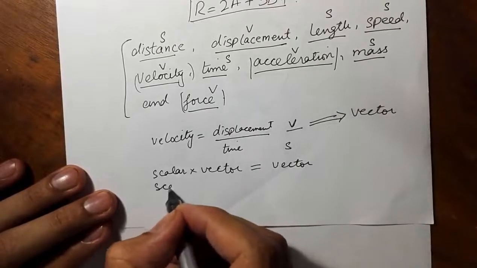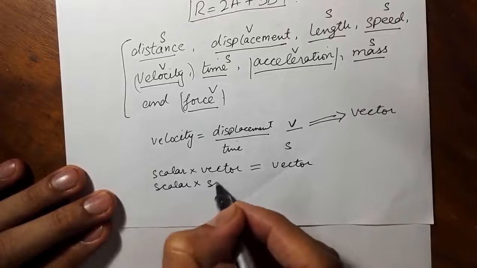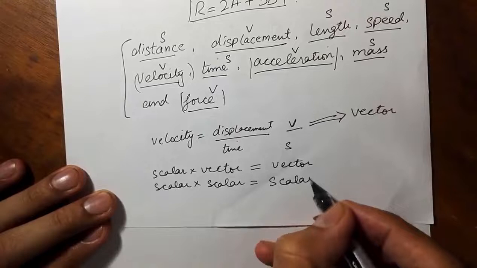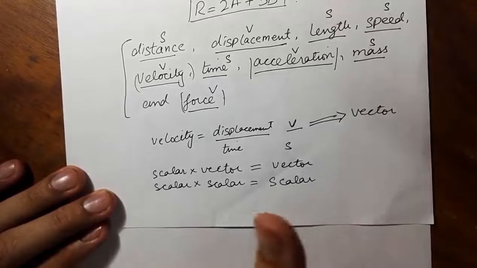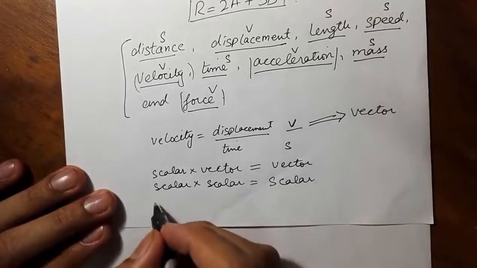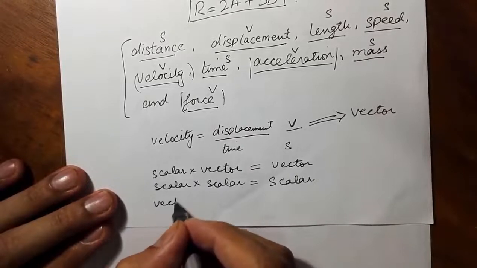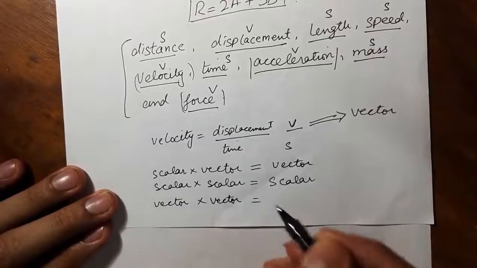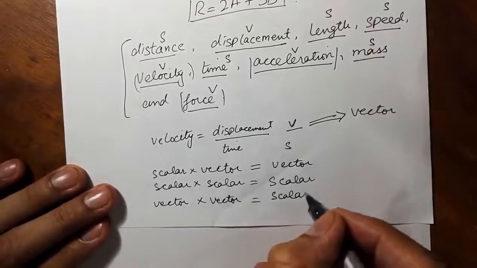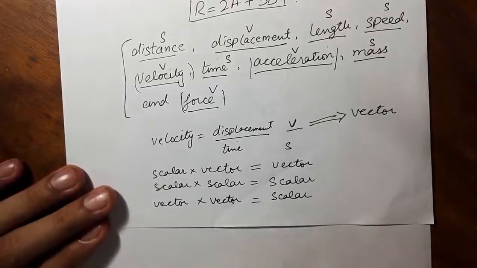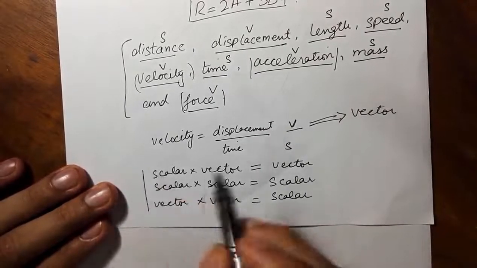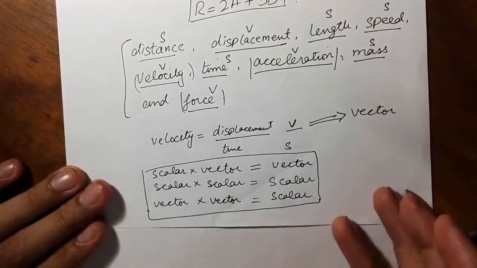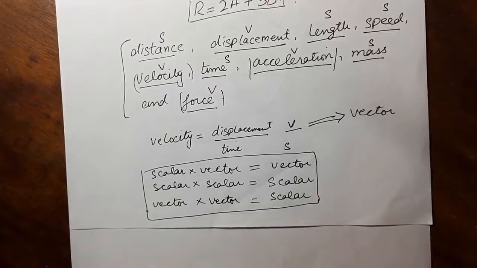If a scalar is multiplied with another scalar, the answer is a scalar quantity. Multiplication or division is the same thing, okay? And if a vector is multiplied or divided by another vector quantity, the answer will also be a scalar. So this formula is very important in order to determine whether a quantity is a vector quantity or a scalar quantity.